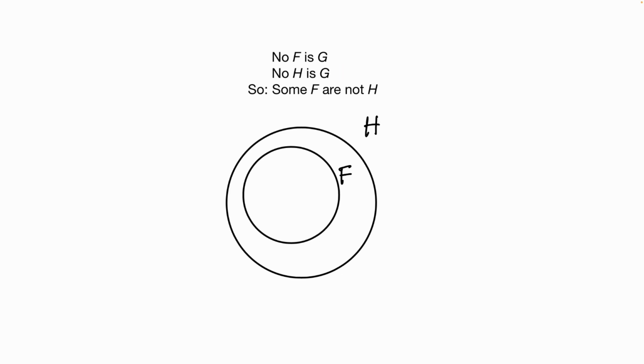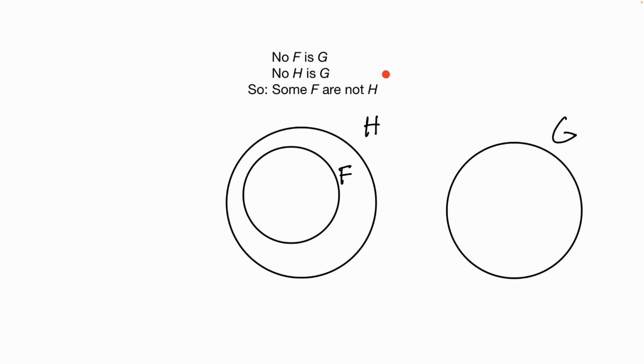Well, if I just put G, the things that are G, all the way over here, they don't overlap at all with the things that are F, and they don't overlap at all with the things that are H, then I've made these premises true and this conclusion false. So this looks like it's not a valid form of reasoning.